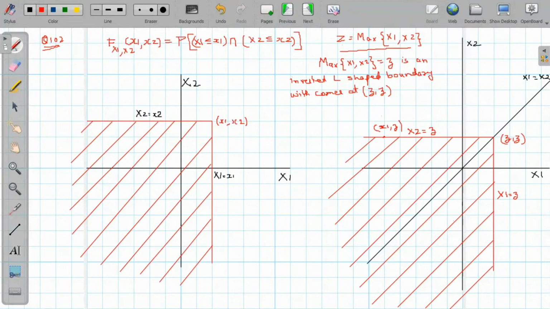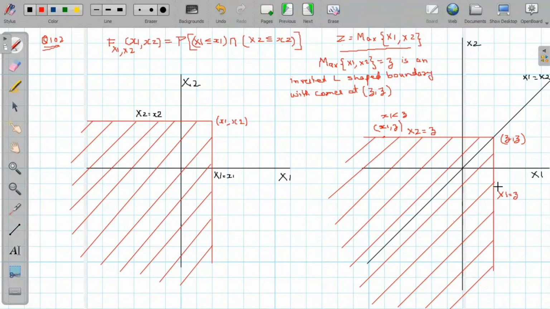So on this line x1 is less than z. So maximum among x1 comma z will be z. So on this line maximum x1 comma x2 will be z. Similarly at this point which is z comma z, you can observe maximum x1 comma x2 will be z.